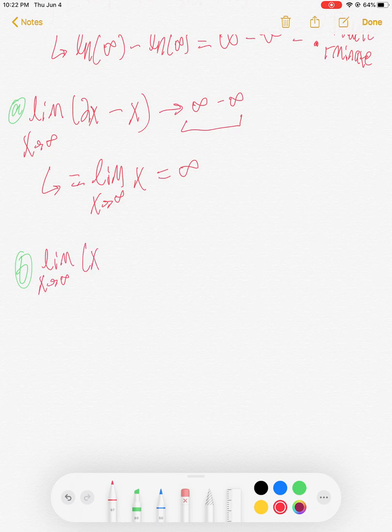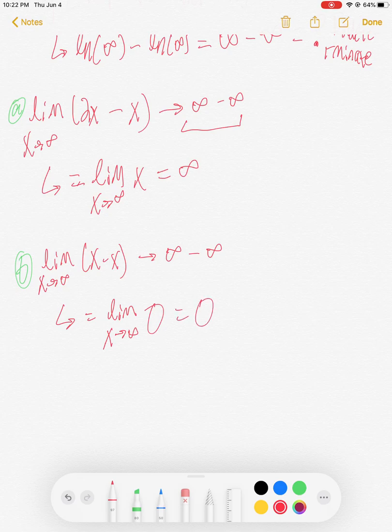I'm going to call this A real quick. In this case, we have infinity minus infinity, and then the limit comes out to be infinity. What if I have the limit as x approaches infinity of x minus x?